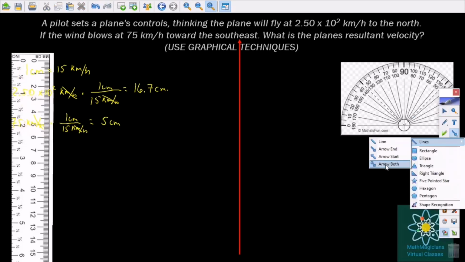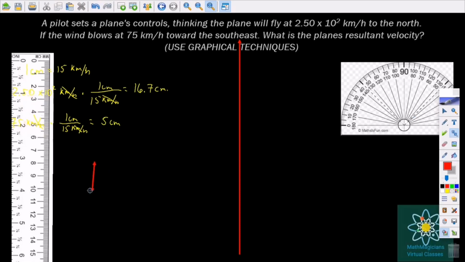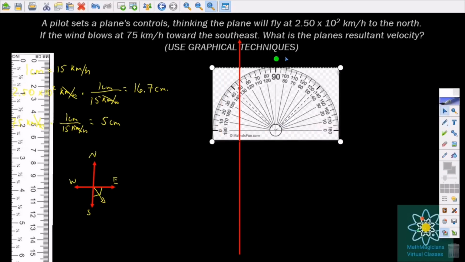Remember that in your axis, you have this information. This is north, this is south, this is east, and this is west. Southeast is here. And since they don't give us an angle, we're just going to use half of 90. That would be 45. So I'm going to use an angle of 45 degrees.